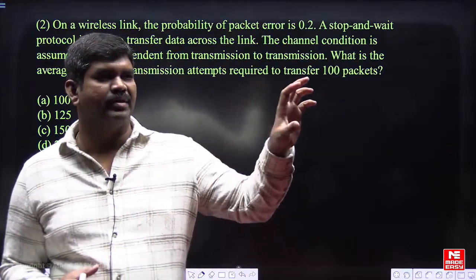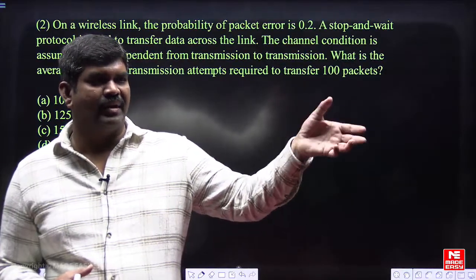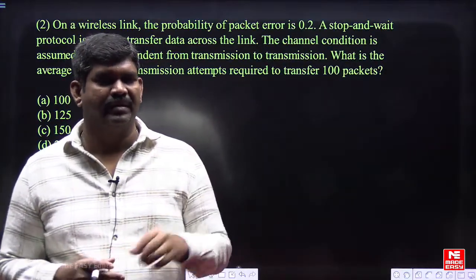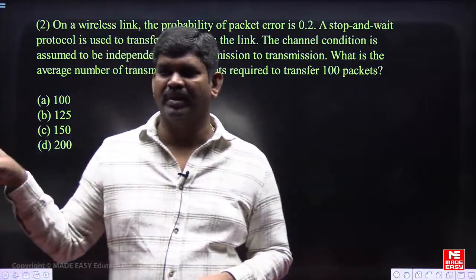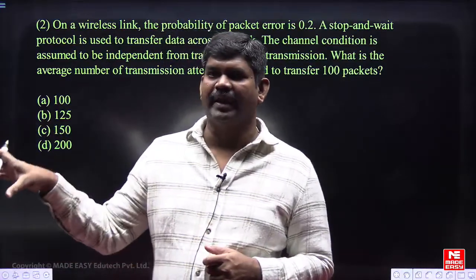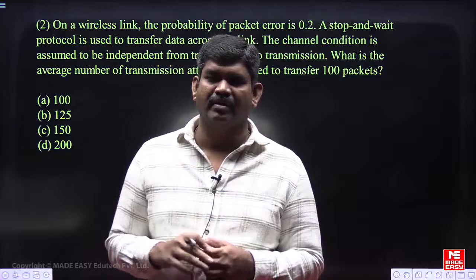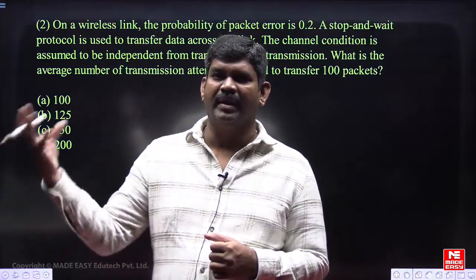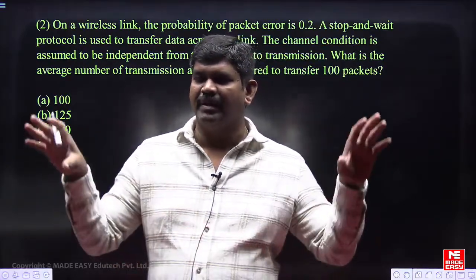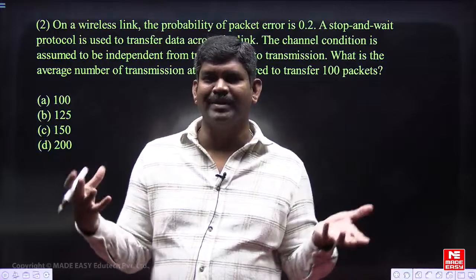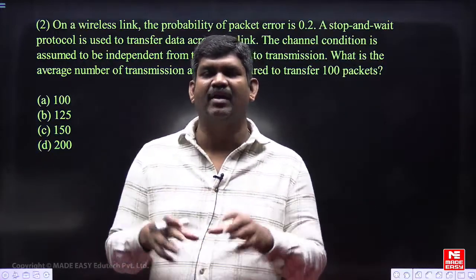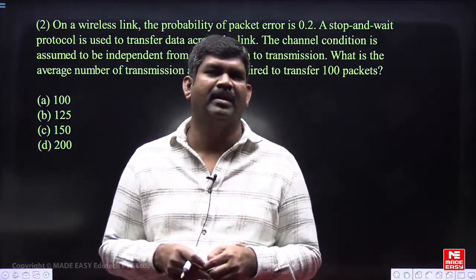So the receiver can't send the acknowledgement, and the acknowledgement cannot come to the sender. Then the sender's timer is going to expire, and once it has expired, it has to resend. That means the protocol should have a provision for resending the data when some packets are lost in the network.